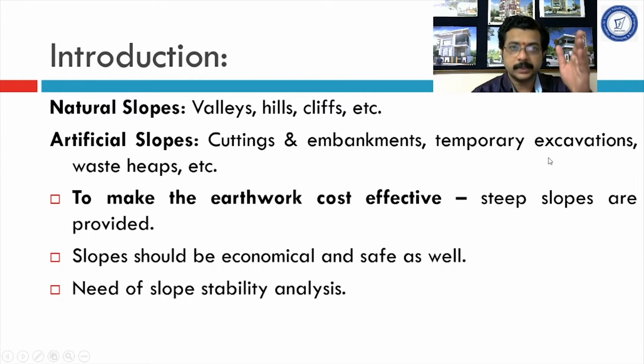So we have to cut the soil. So that vertical cut itself is a very steep slope. So it is an artificial slope. And waste heaps. So a lot of waste or garbage material is deposited in the outskirts of a city. So it will form a heap kind of thing. So that is an artificial slope.